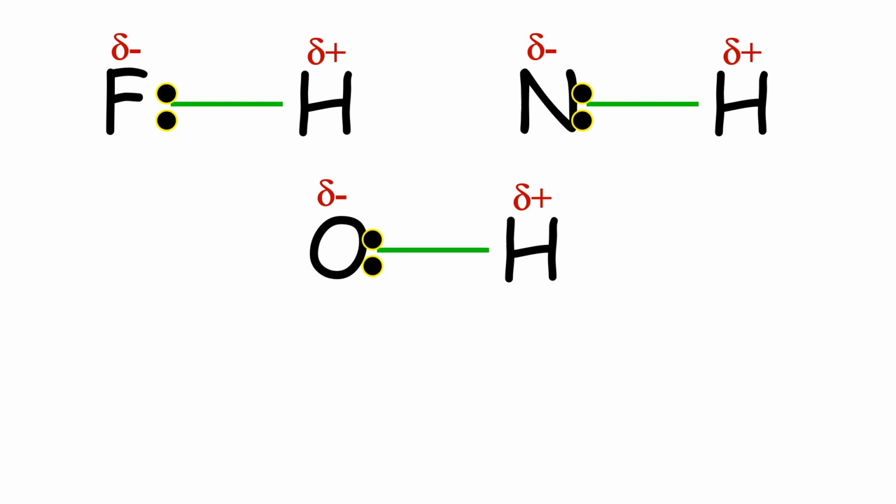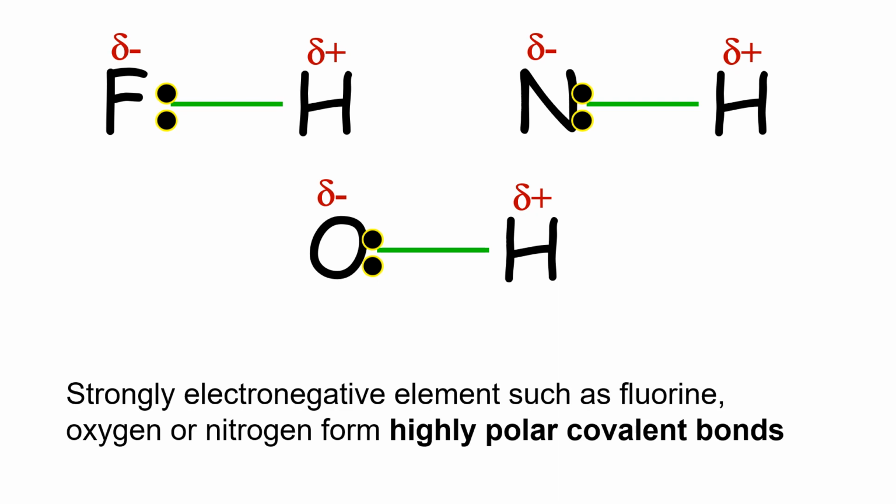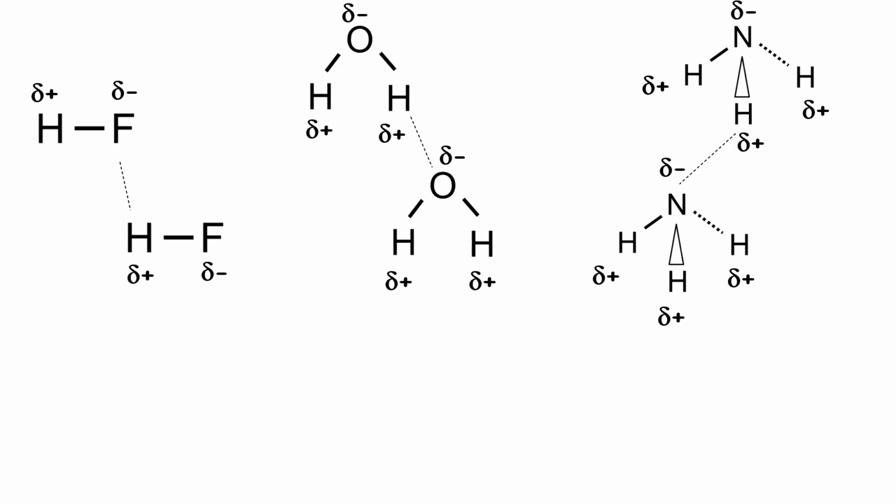So we can say because fluorine, nitrogen and oxygen have particularly high electronegativity values, they will form highly polar covalent bonds compared to other bonds that we will come across. So if we have molecules containing highly polar covalent bonds such as hydrogen joined to fluorine, or oxygen joined to hydrogen, or nitrogen joined to hydrogen, we have particularly strong permanent dipole interactions between the molecules.